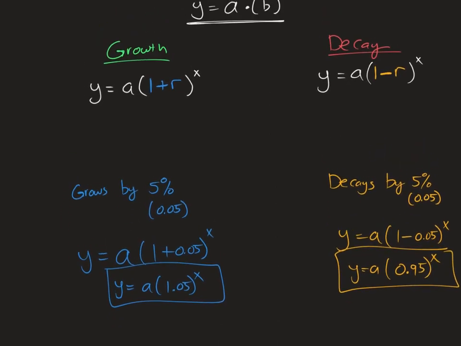Here we can tell that it's growing because the growth number, the b value, is bigger than 1. And in the right one, we can tell that it is decaying because it is less than 1.